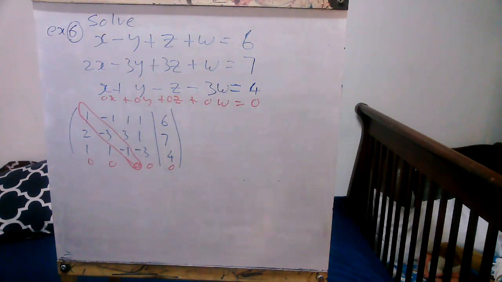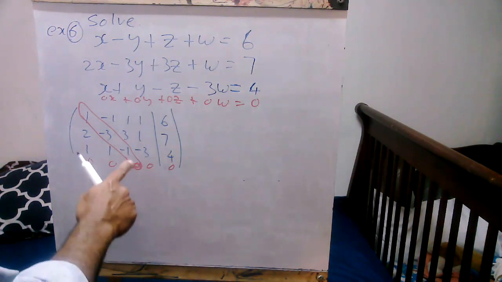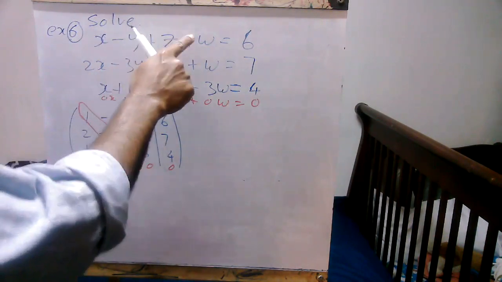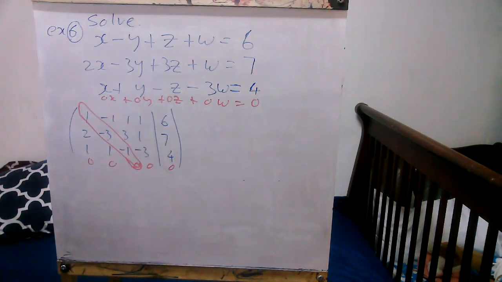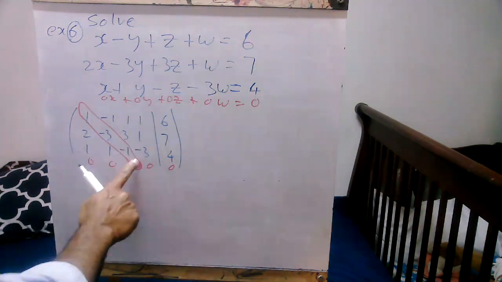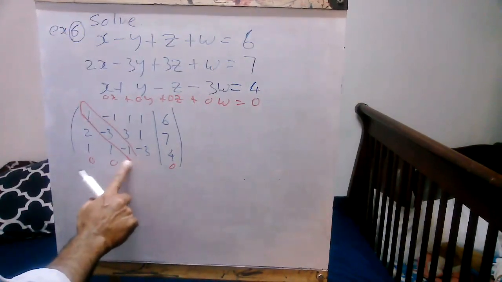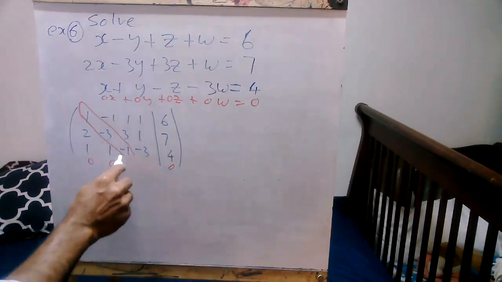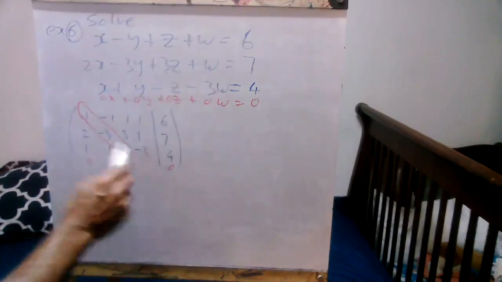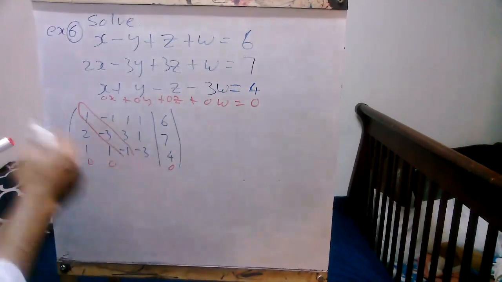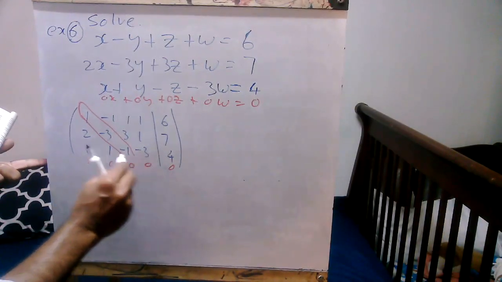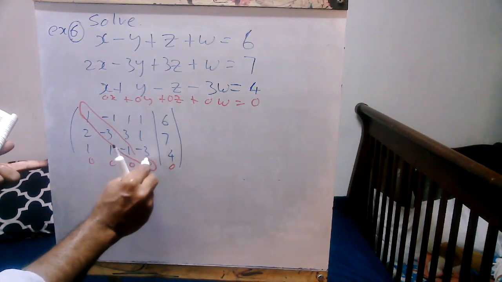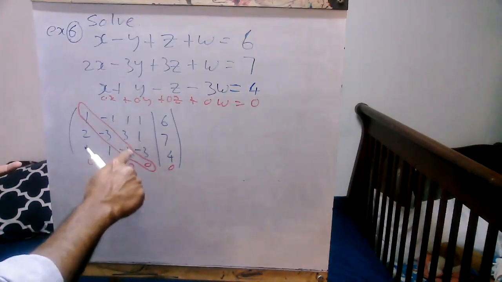Which means 1 2 3 4, 1 2 3 4. Third element, this is 0, this is 0, and this should be 0. That's the diagonal element, this guy, right?